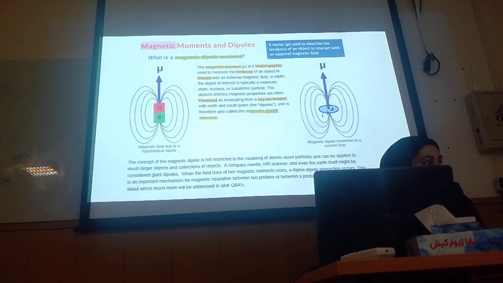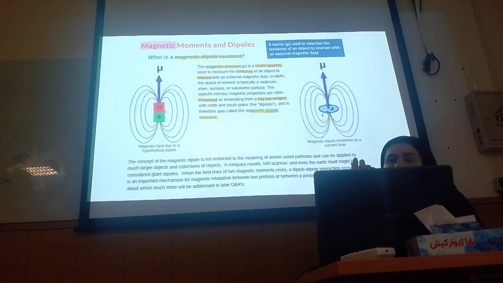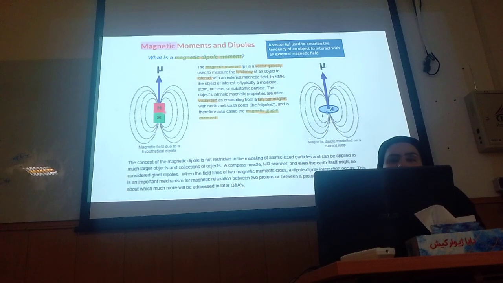In this case, we have a tiny bar magnet here. An atom has spin angular momentum. We can replace it with that spin. That spin can behave like this tiny bar magnet. It means this spin can have the magnetic field around itself.